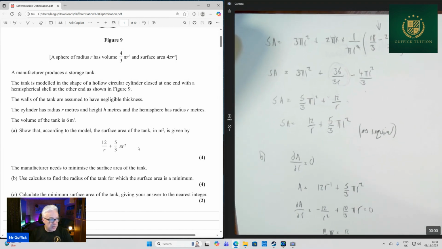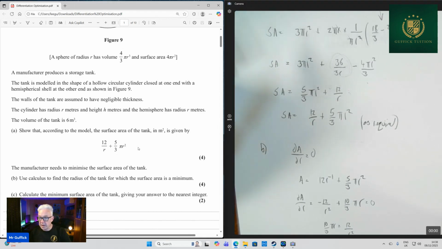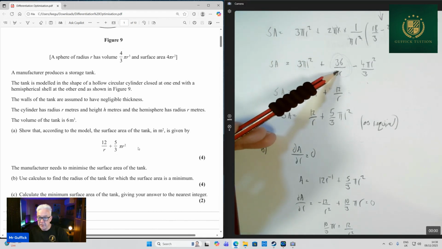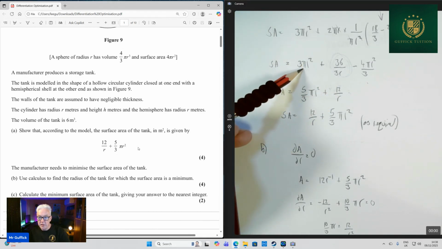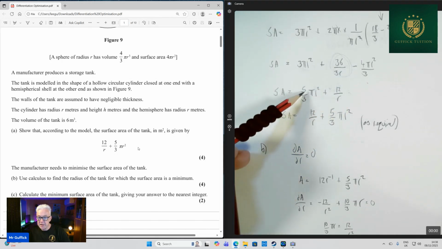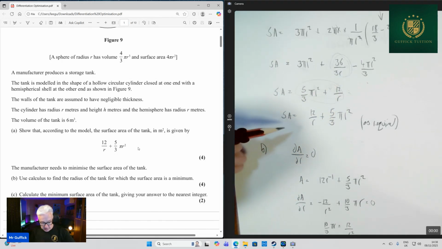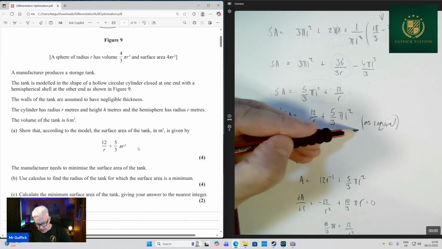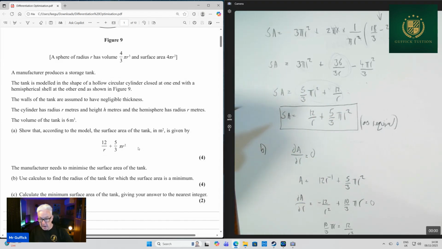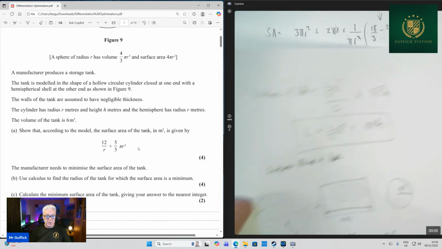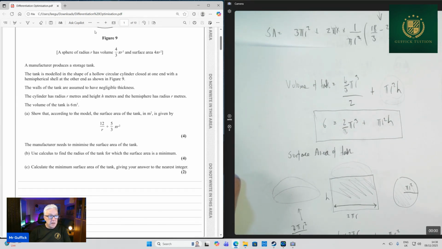So now all we've got to do is collect like terms again. 36/3 goes to 12, and then 3 minus 4/3 is 5/3. And if we just change the order in which we write it, we can see that we've got the expression that we were after. Okay, so just to recap the process: here's the question, so you can see it.